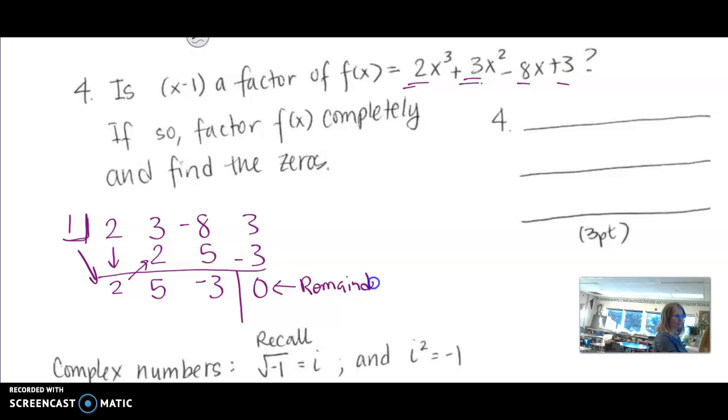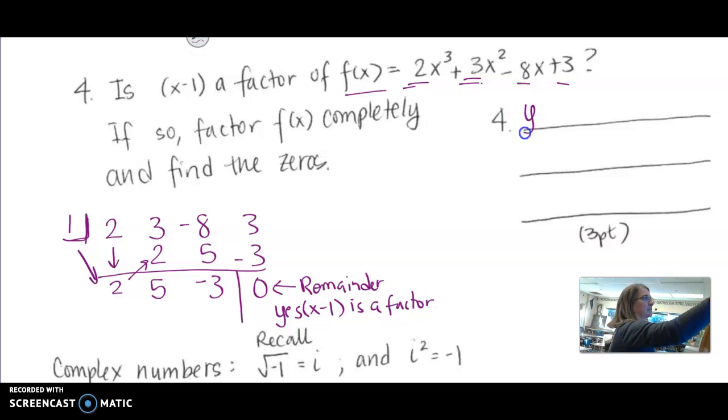So the factor theorem tells us that if we have a remainder of 0, then yes, x minus 1 is a factor of the polynomial f of x. Okay, so the first part is done. So yes, it is a factor. If I had you say, explain why, you would say because the remainder is 0.